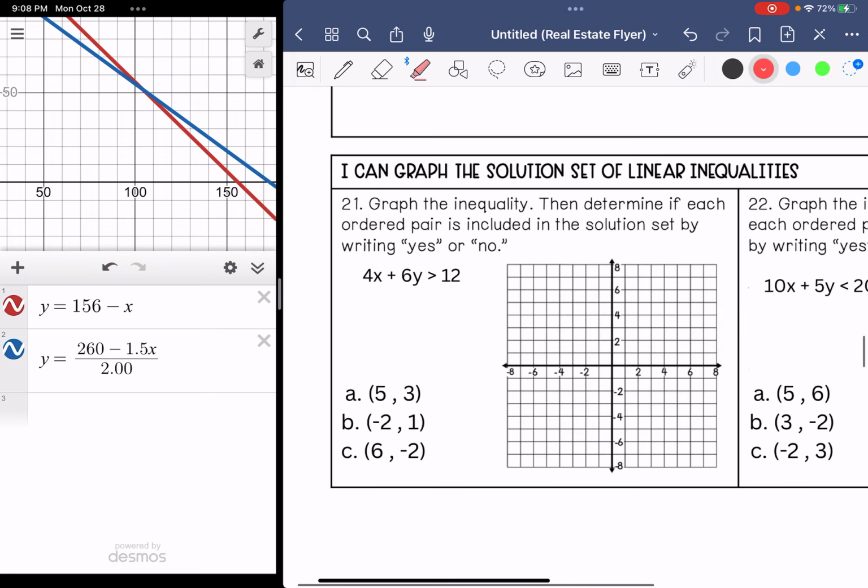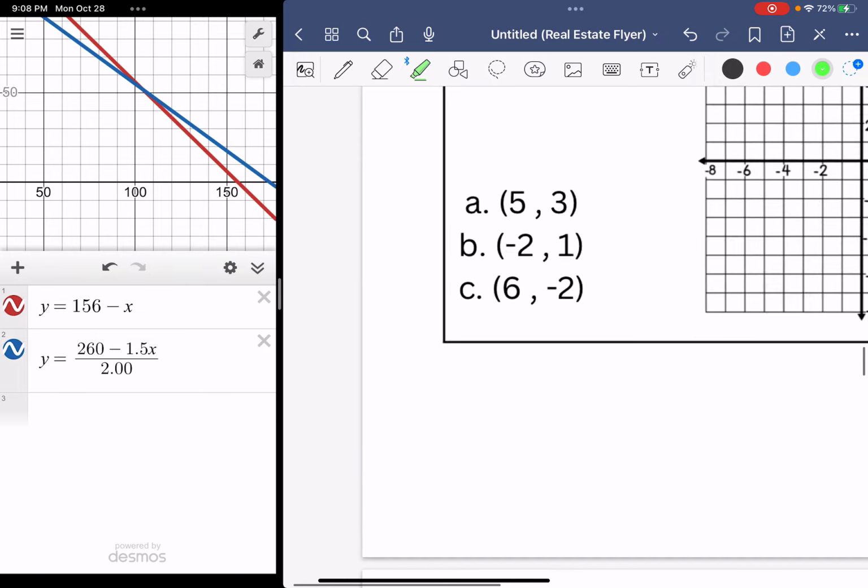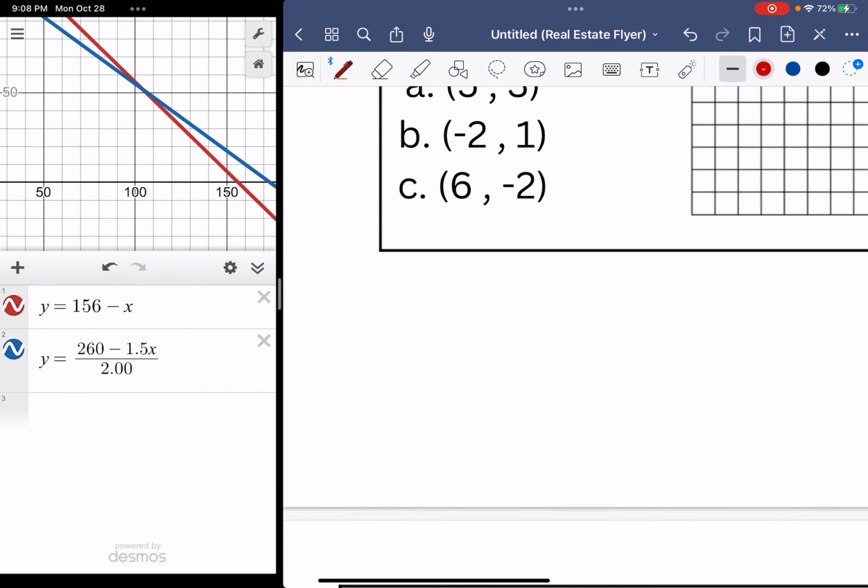This one says, I can graph the solution set to inequalities. Okay, your inequalities. I know y'all don't have this chart. So, real quick, we have our greater than and our less than symbols, greater than or equal to, less than or equal to. These two symbols here are going to be dashed.